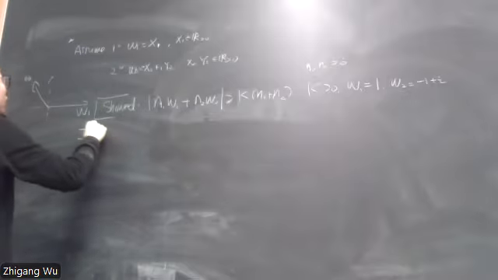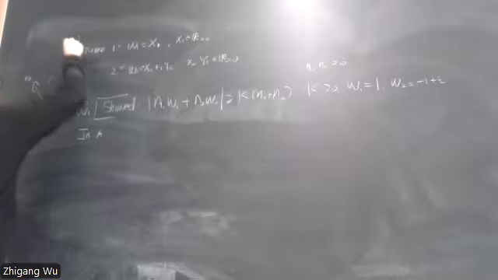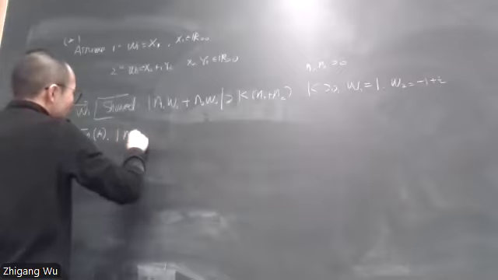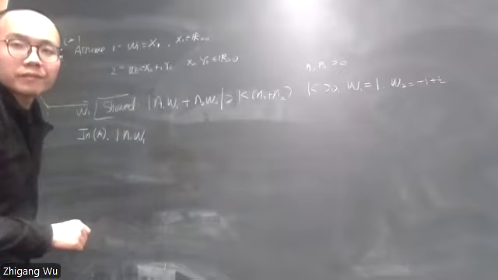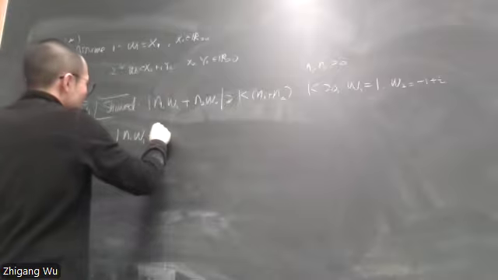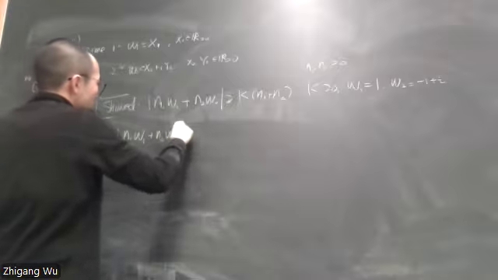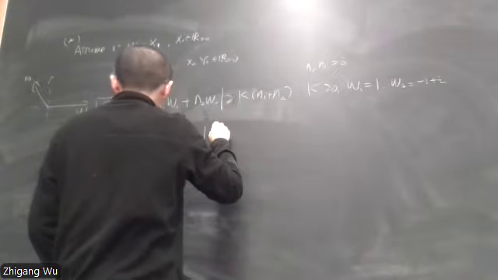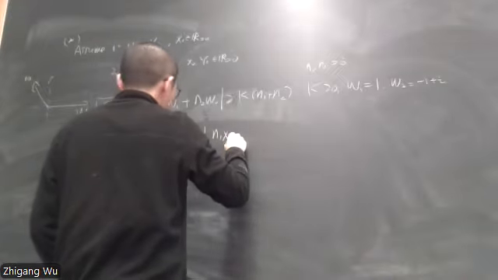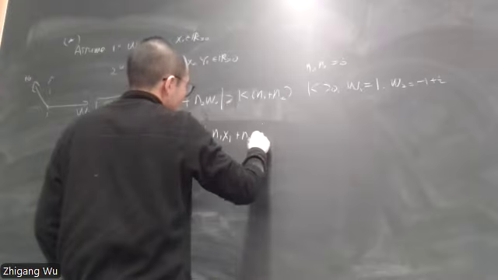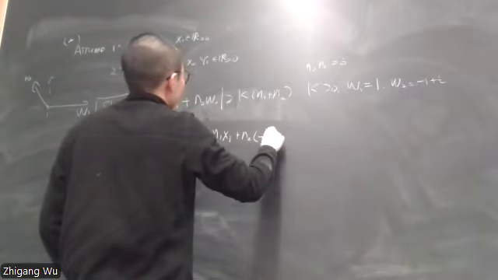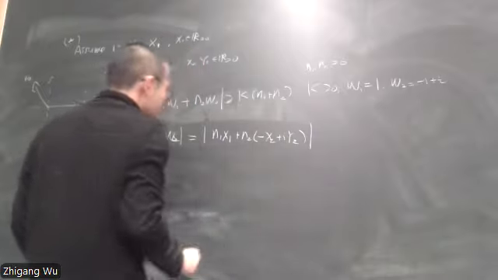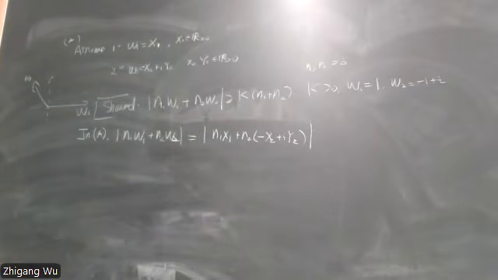Okay. So in the star condition, we have n1 W1 plus n2 W2, which is equal to n1 X1 plus n2 X2.